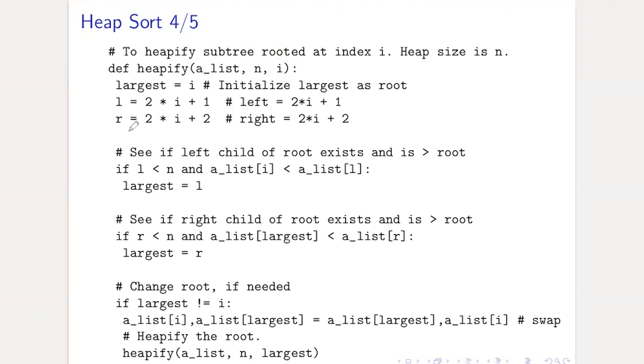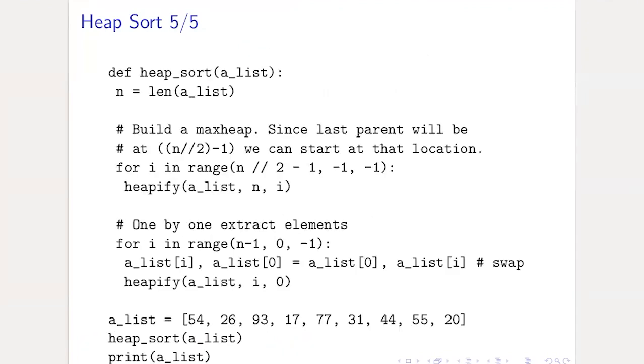This particular set of code makes sure that the children have values less than the parent. Essentially you swap them if there is a larger one, and then you can recursively heapify the binary tree.